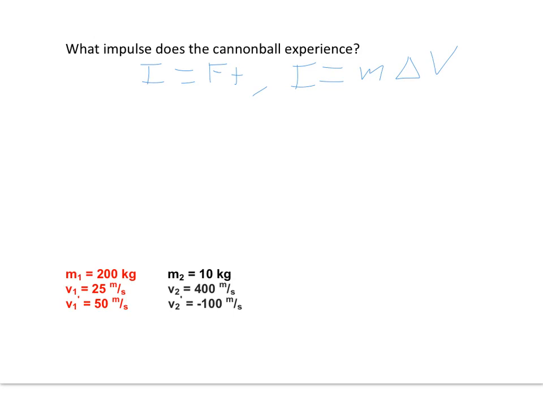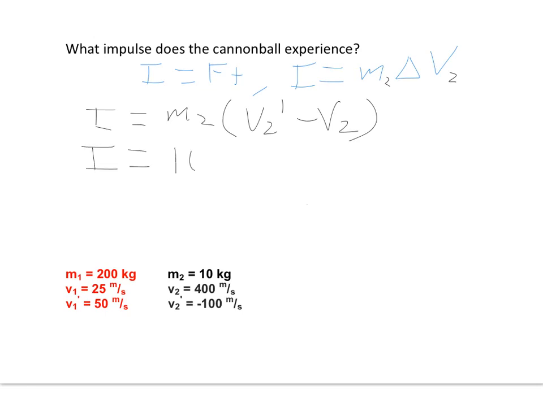Since I know the mass and I know both velocities for the cannonball, it's going to be much easier to apply it like this. So writing it out one more time, impulse is equal to m2 for the cannonball times the final velocity, which we call v2 prime, minus the initial velocity, which is just called v2. I'm just showing you a couple different notations here.